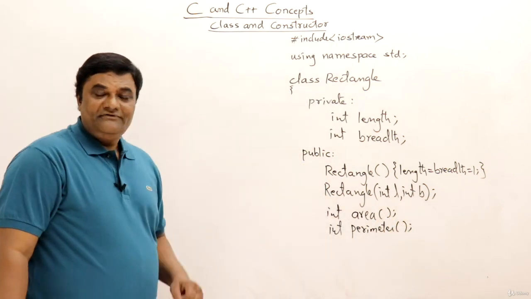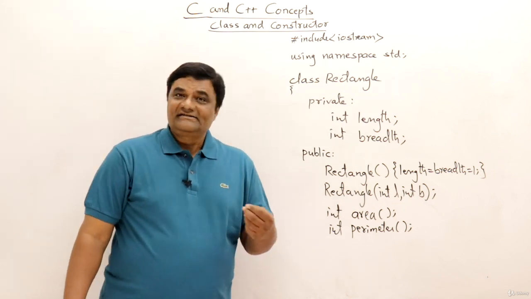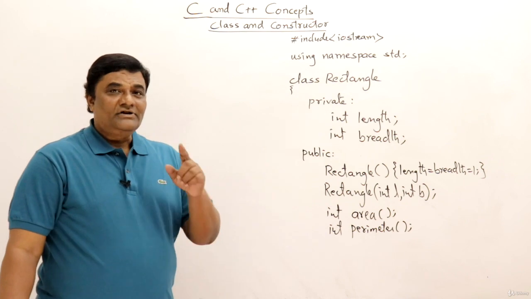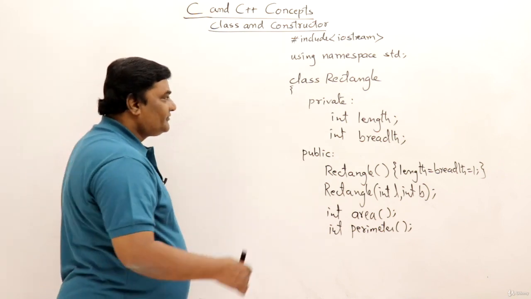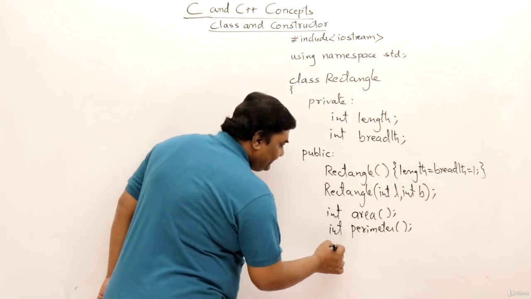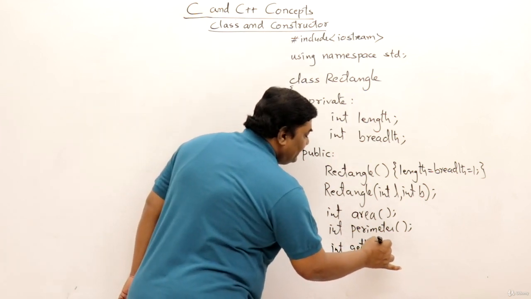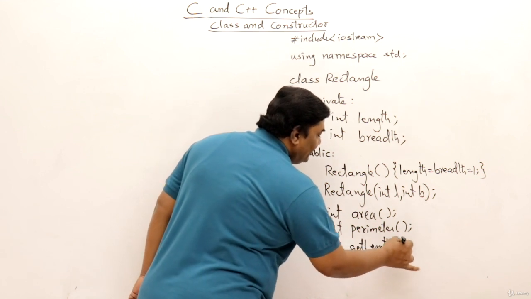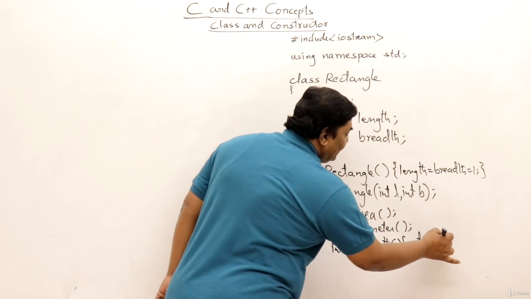Now these two types of functions are there. If you want to have other functions like get and set functions, you can write them. I will show only for length and breadth, you can add them. Only for length I will have one function, that is getLength, which will return length. So here itself I will expand it and say return length.